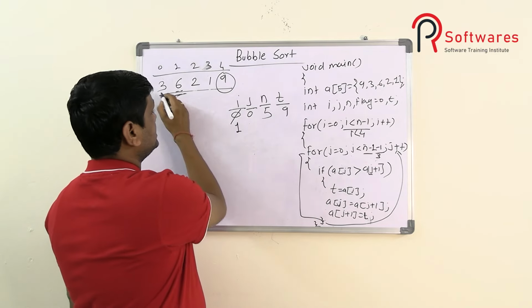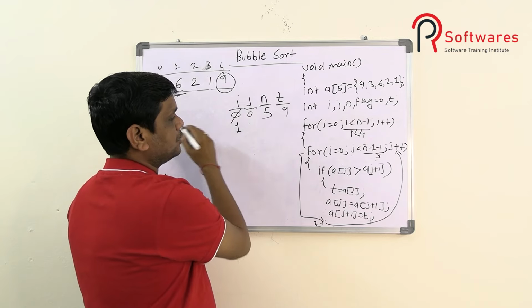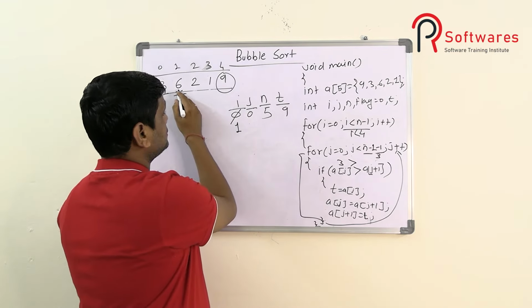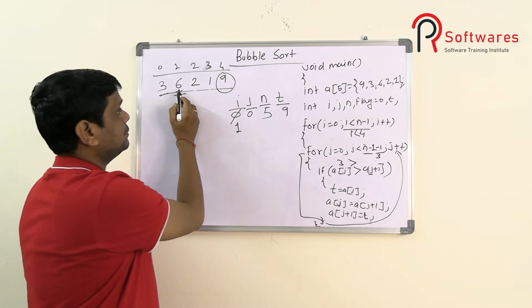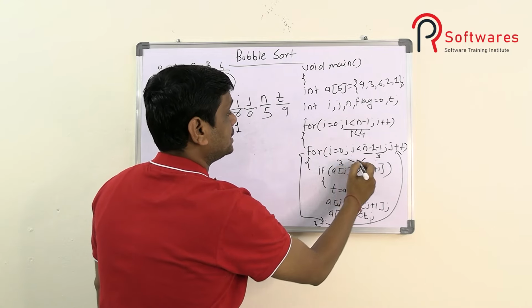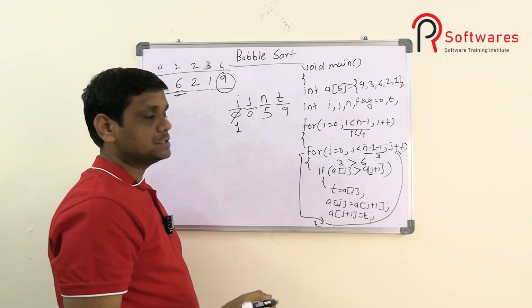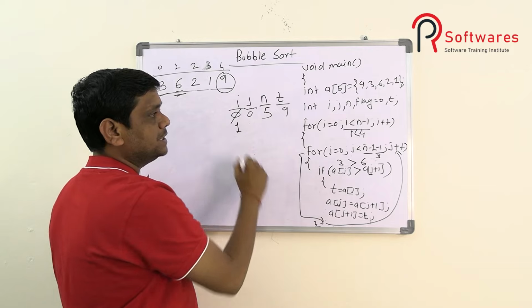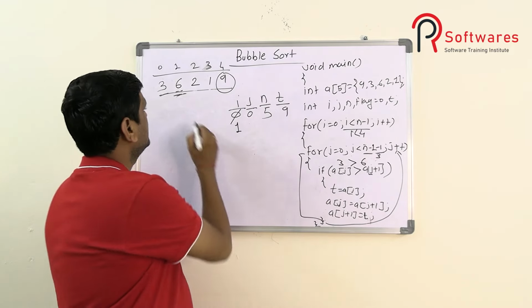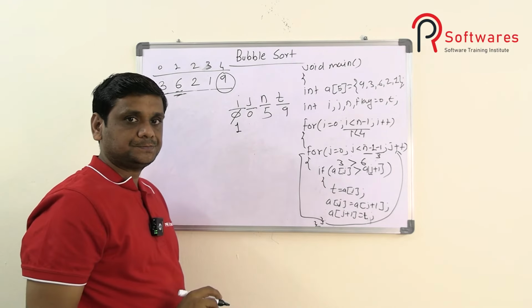A of 0 is how much? 3. Greater than A of j plus 1. What is j plus 1 here? 6. You can check here. So 3 greater than 6, guys. Condition false. False means no values will get changed, guys. Because this condition is false, nothing will happen. So here there is no change.